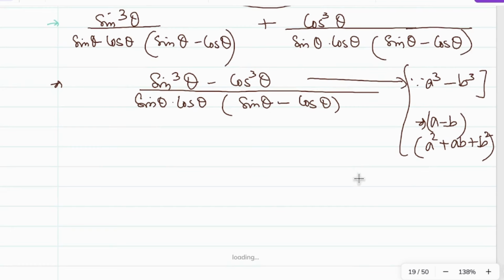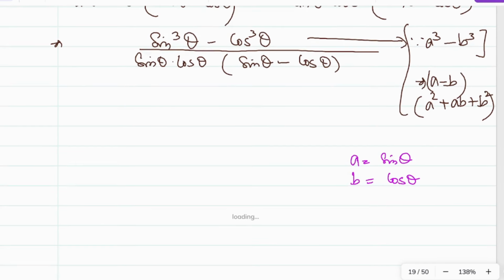So here our a equal to sin theta and b equal to cos theta. I need to substitute in this equation and rewrite it.